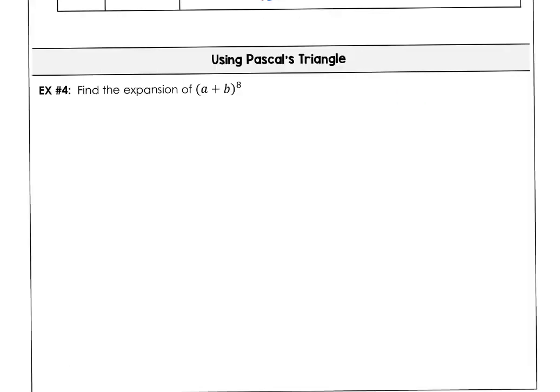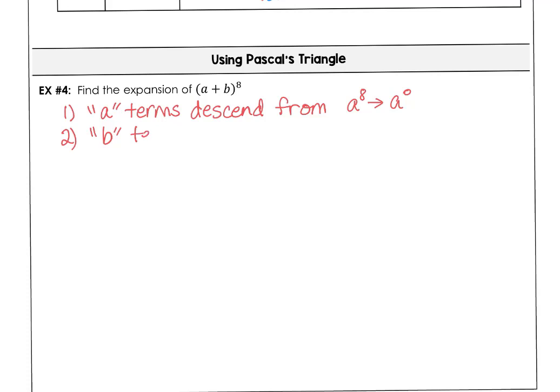So let's use example 4 to make a note of that. We've just discovered that the a terms descend. The a terms will be descending. And since our n power is 8, we'll be going from a to the 8th down to a to the 0. And we also discovered that the b terms are going to be increasing or ascending.